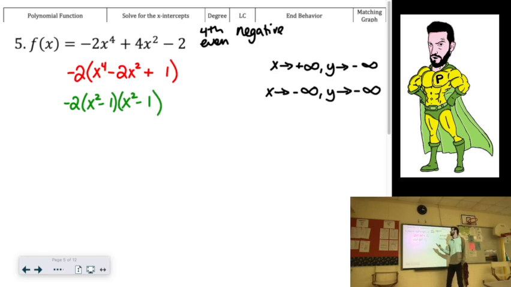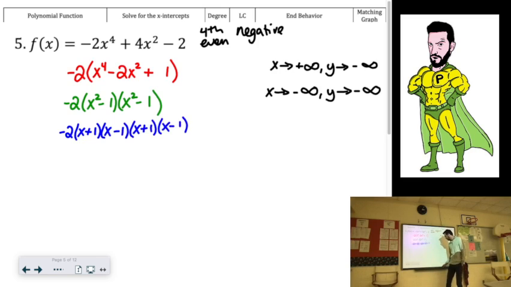Now we could say that's x squared minus 1 squared, but we also have a difference of squares. So I'm going to suggest we write it as difference of squares first. X squared minus 1 would factor to x plus 1 times x minus 1. So would this other x squared minus 1. X plus 1 times x minus 1.